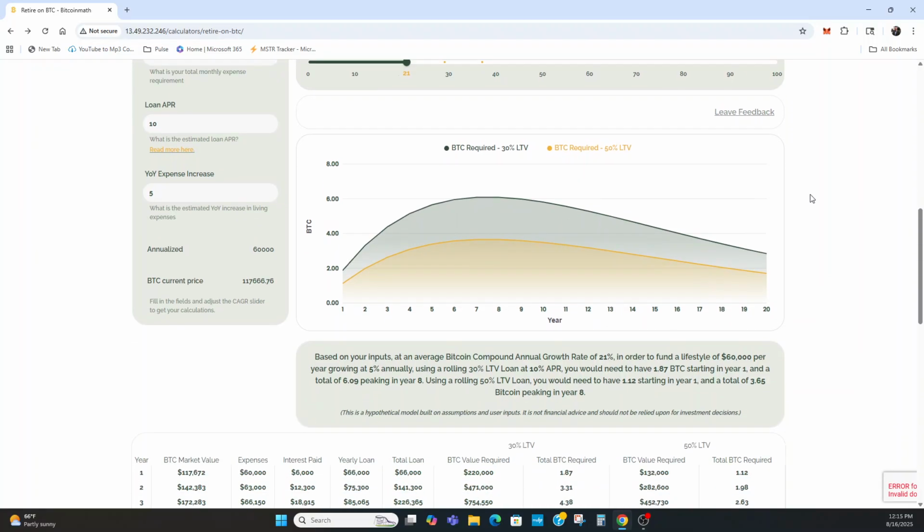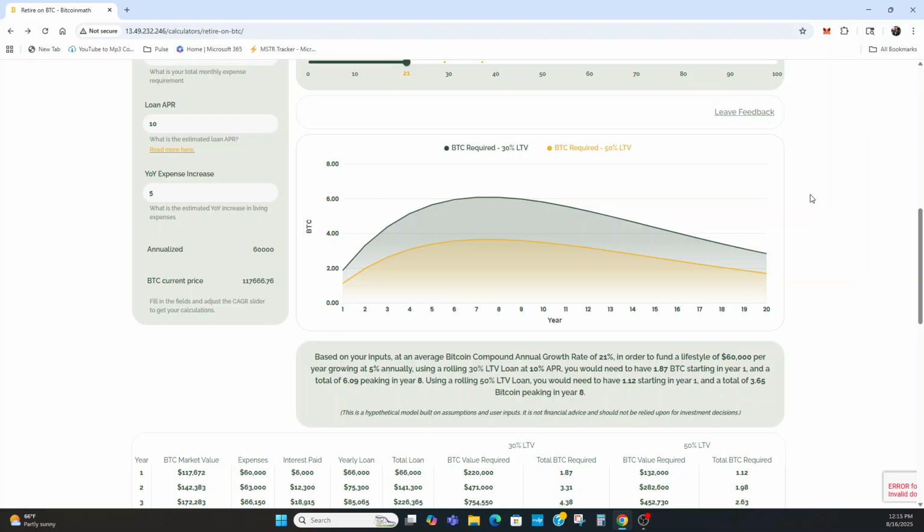Once you do that, a few things will populate here on the screen. First and foremost is the chart. What this chart and the associated data table are showing us is really two separate scenarios for borrowing against the Bitcoin in order to fund this lifestyle based on the inputs.